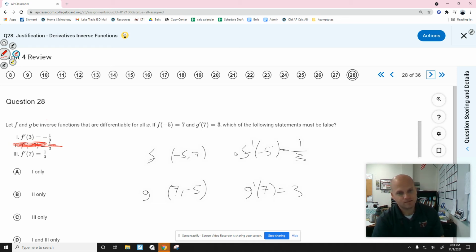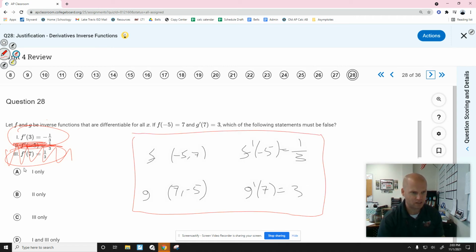And since f prime's positive at -5, this function must be increasing everywhere, which means the derivative has to be positive everywhere, which is why this has to be false. This is a very tricky question. Don't stress about not knowing that at all. But the answer is A, one only. That's the false one.